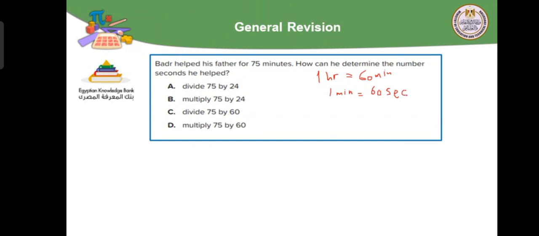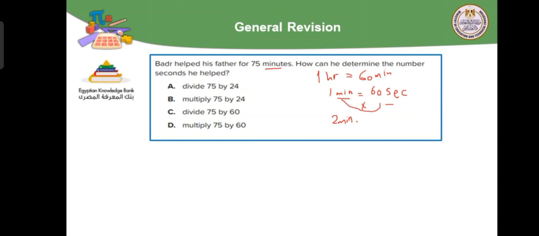So what am I doing here? Which one is greater, minute or second? Minute. When I convert from big to small, I multiply. So 1 minute equals 60 seconds. 2 minutes equals 2 by 60.